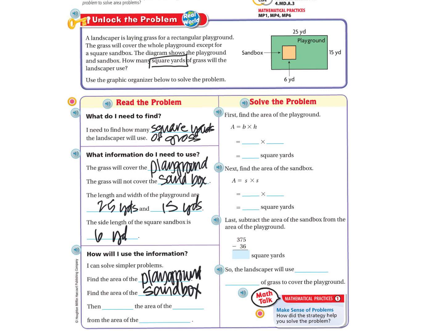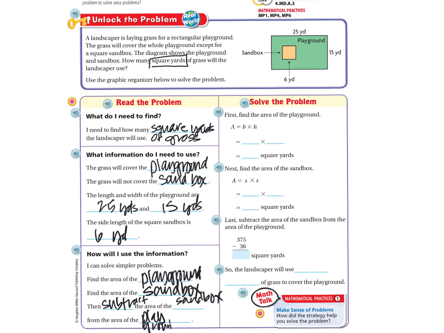Subtract the sandbox from the playground. Yes, we're going to subtract the area of the sandbox from the area of the playground. I'm running out of space here. All right, fabulous.